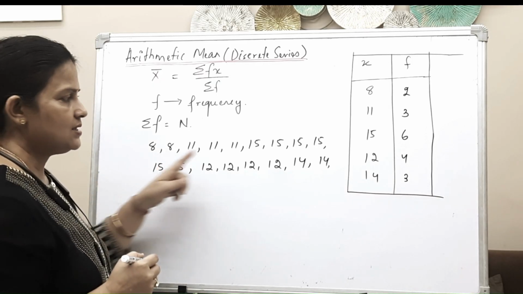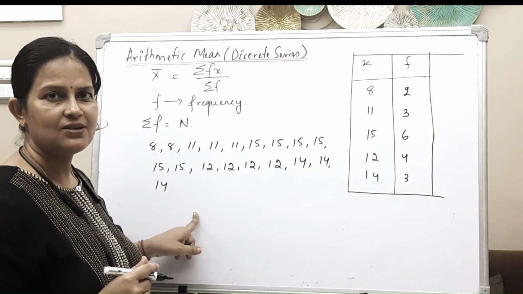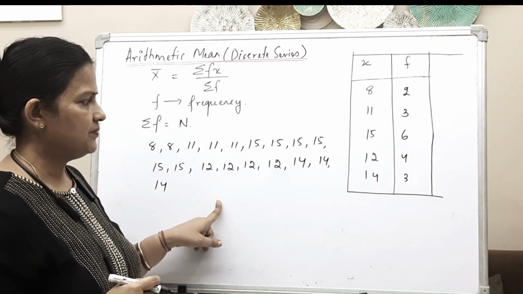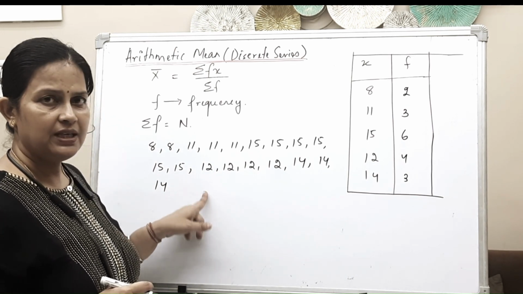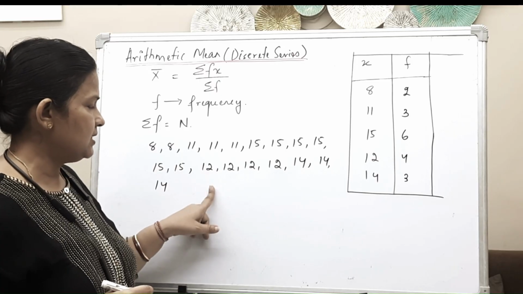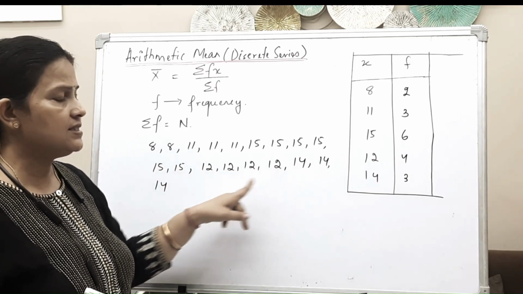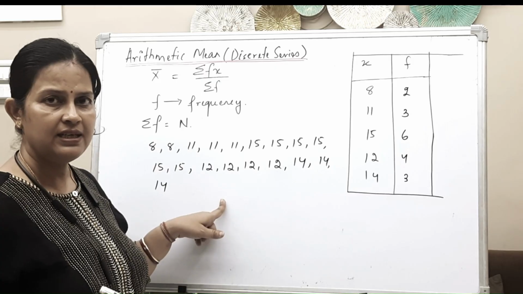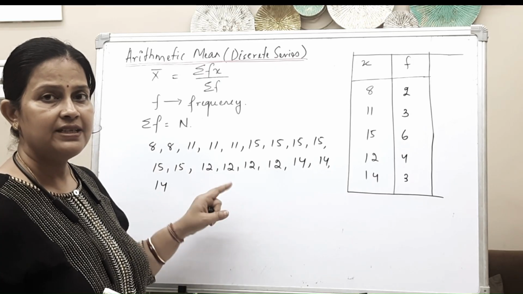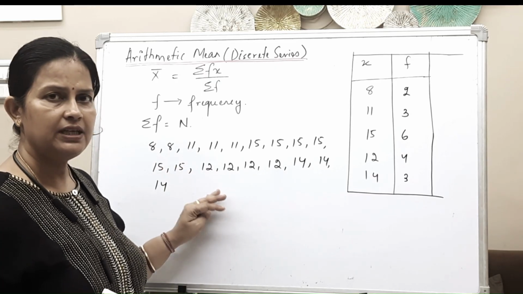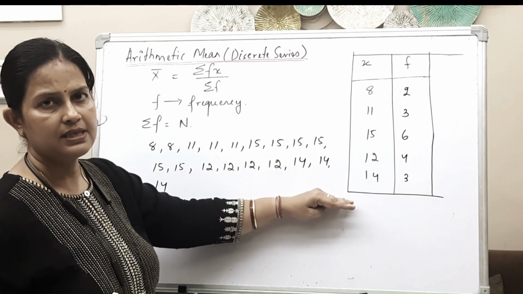So how is the series looking? The series is called an individual series now. We can convert an individual series to a discrete one when there is repetition of data and less variety of data. We can convert the individual series into a discrete one.